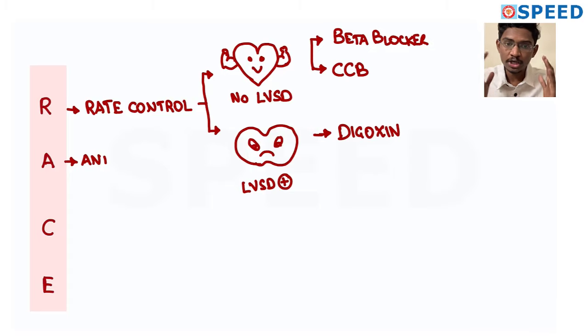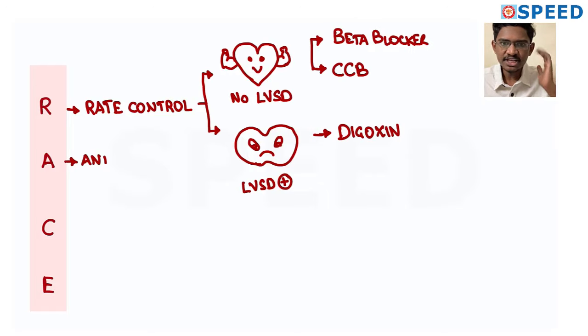So that will lead to acute left heart failure, which we shouldn't let happen. So in echo, if there is no LVSD, you can go for a beta blocker or a calcium channel blocker. If there is LVSD, then you should only give digoxin, which will increase the contractility as well as inhibit the AV node. Rate control over.